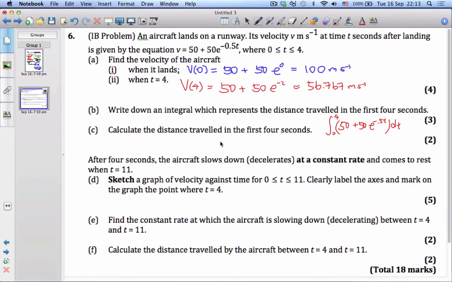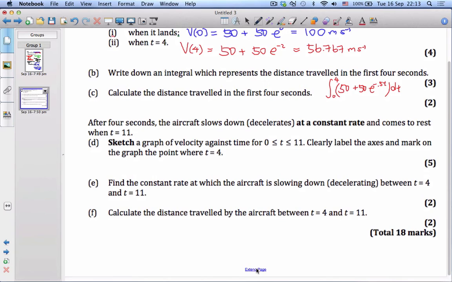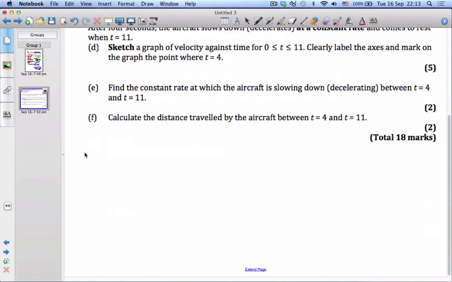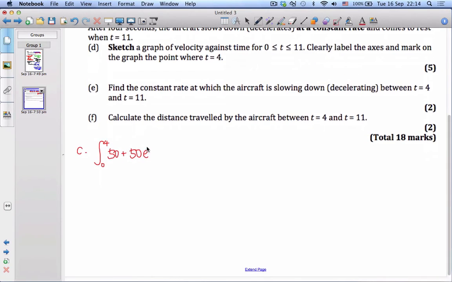C, calculate the distance traveled for the first 4 seconds. Let's do that down here. We want to actually calculate the integral of 50 plus 50 e to the negative 0.5 t dt.